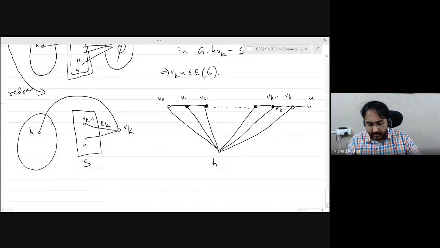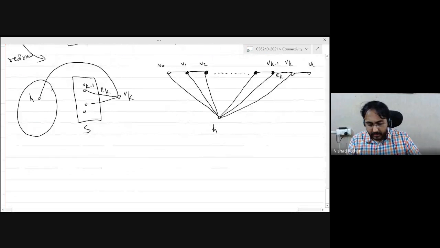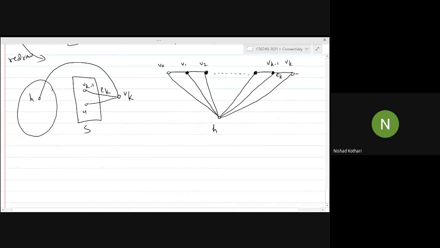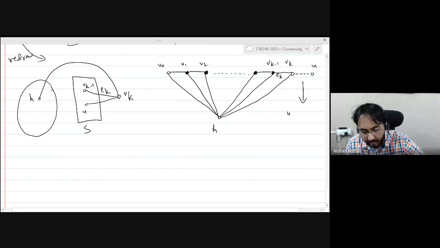Let me make a correction here to indicate this possibility. So U could be already in the drawing we have made. U can already be one of the vertices in this drawing.